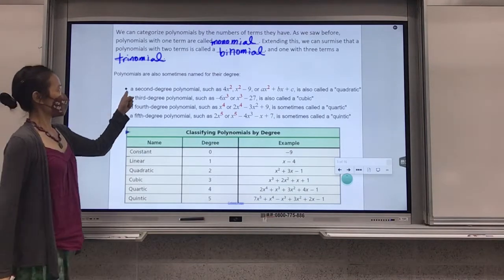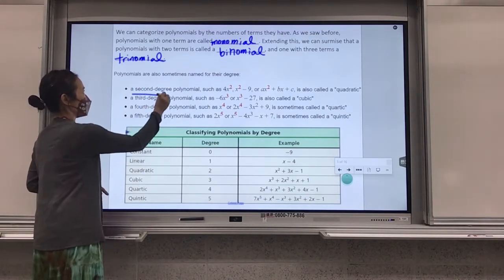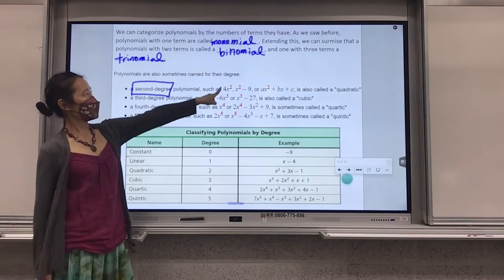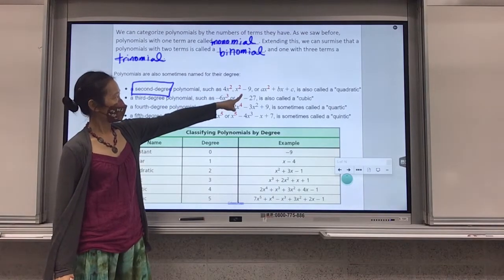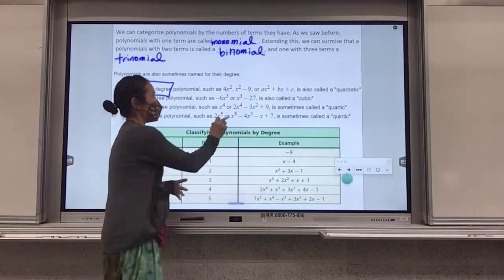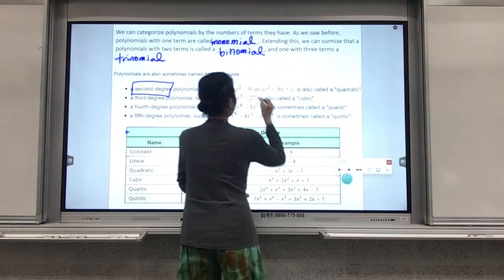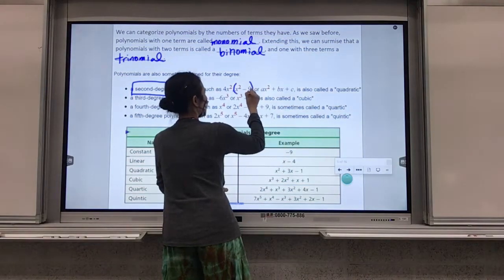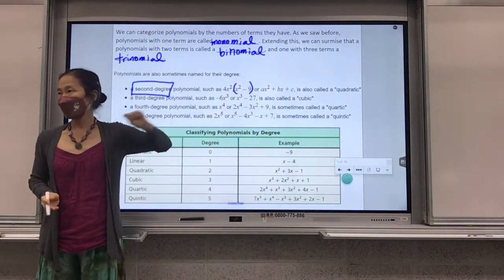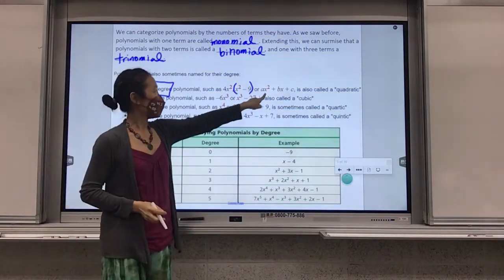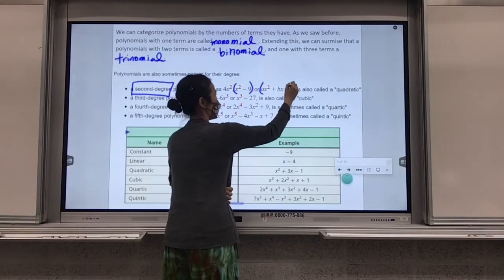So all these expressions are called second degree polynomials: 4x squared, x squared, x squared minus 9. This is a binomial with degree 2. Or this is a trinomial with degree 2.